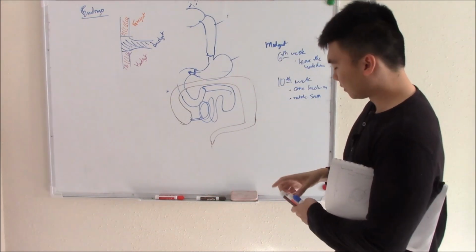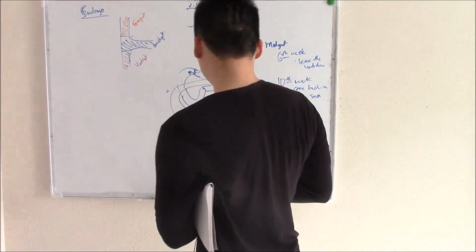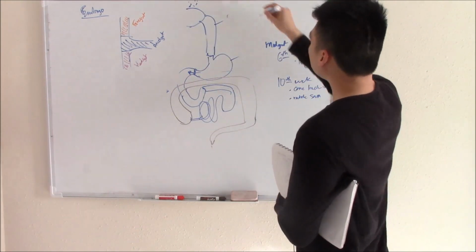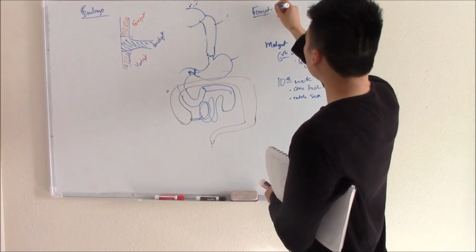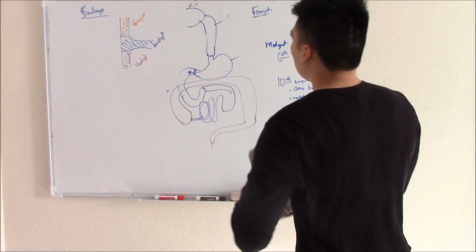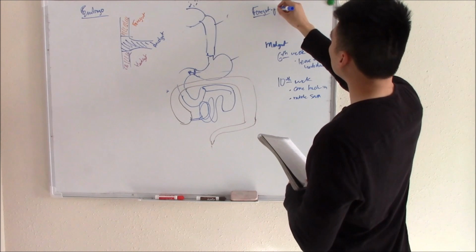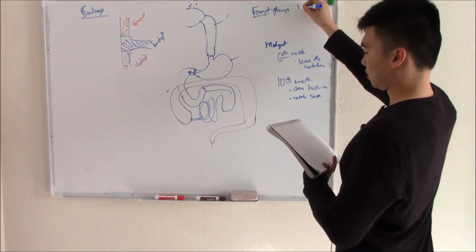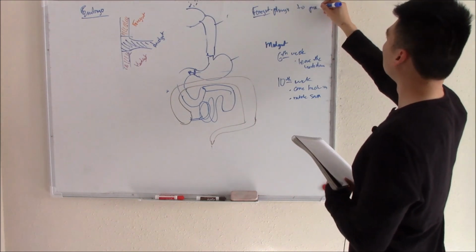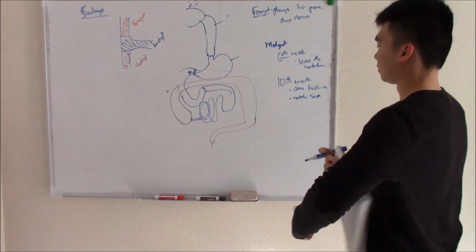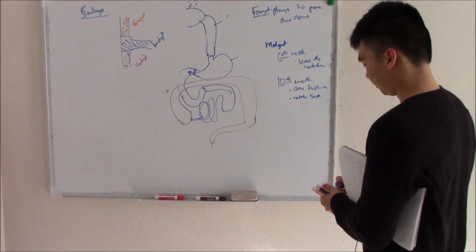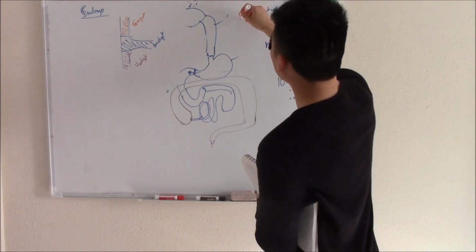So your foregut will eventually become everything from your pharynx to your proximal duodenum. Let me color code this. Orange will be our foregut, okay?